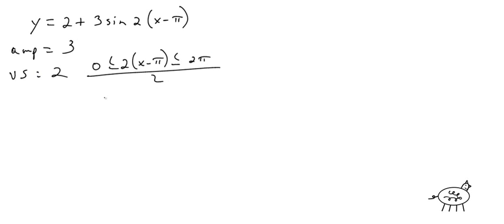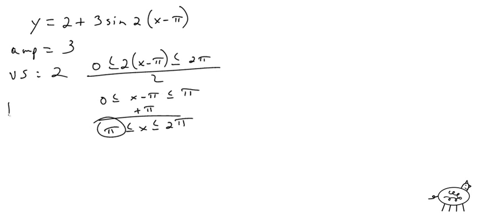And divide everything by 2, and I'm going to add pi to all sides. So pi less than or equal to x less than or equal to 2 pi. All right, here we go. Phase shift is pi. The period is 2 pi minus pi, which is pi.